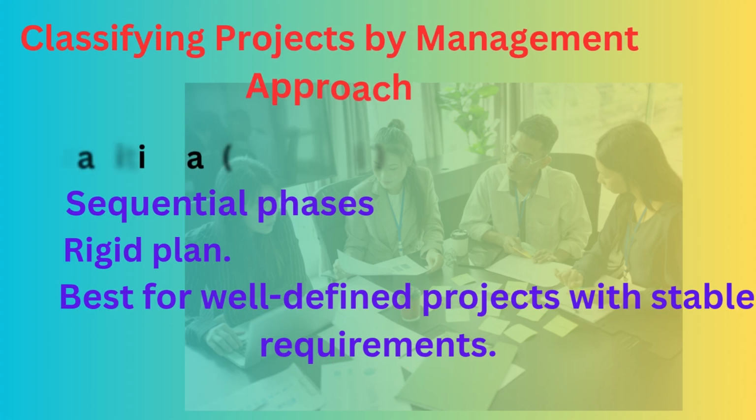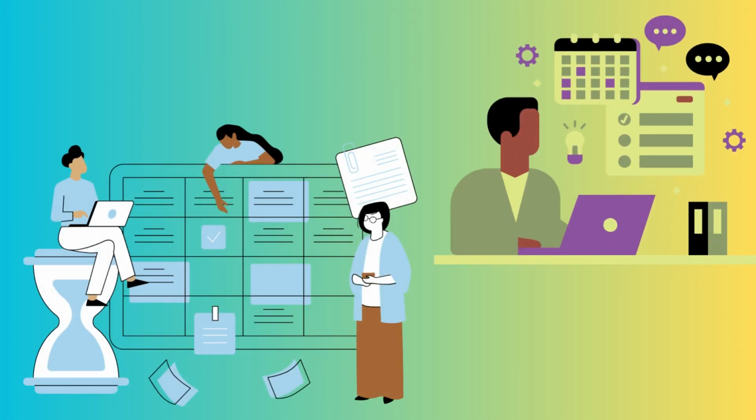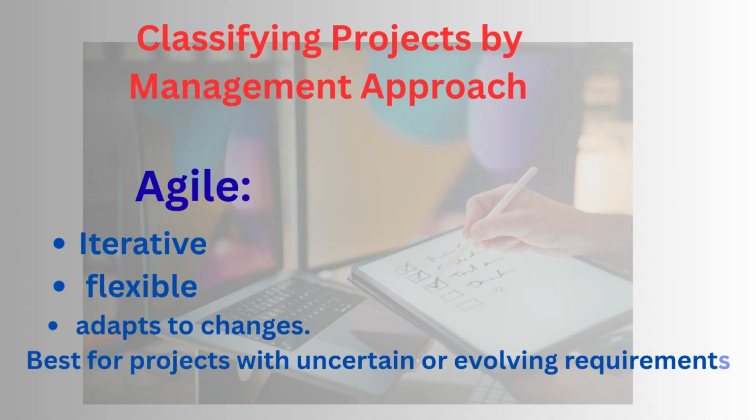Another crucial classification is the project management approach. The traditional or waterfall approach follows a linear sequential process where each phase must be completed before the next one begins. This works where the requirements are fixed and well understood from the start.